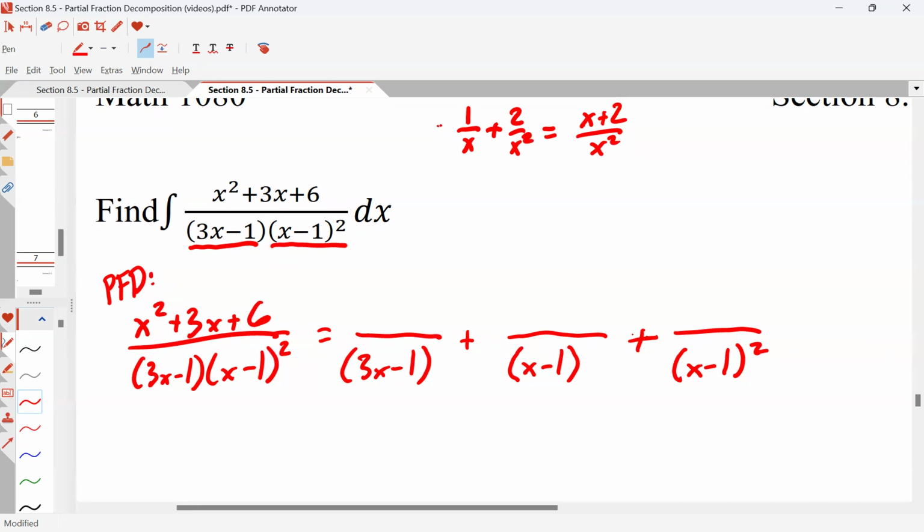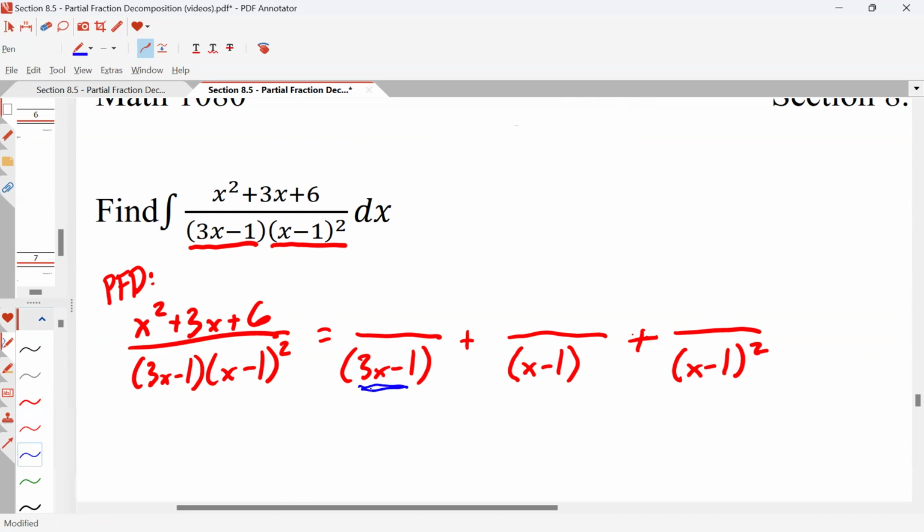Where these are easy to integrate, this one we could take care of if we split it up. So there is some reasoning behind building those powers, but every factor will get a fraction, and we build up the powers from those factors.